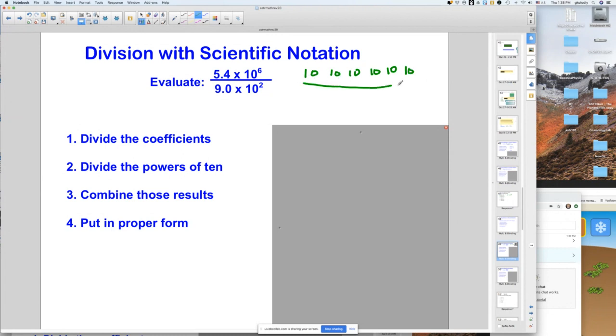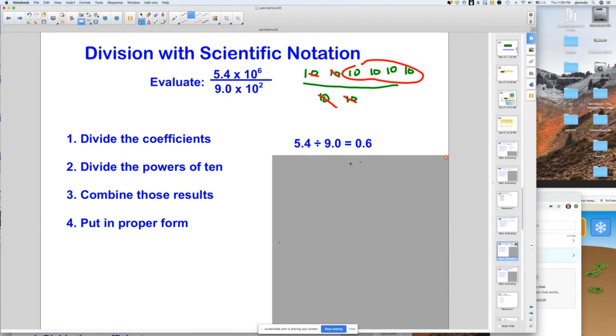And you're dividing it by 10 squared, which is 10 times 10. Now what happens here, I'll do a different color, is this 10 cancels this 10, and this 10 cancels this 10, and so you're left with 10 to the 4th. This means when dividing, you subtract the exponents.